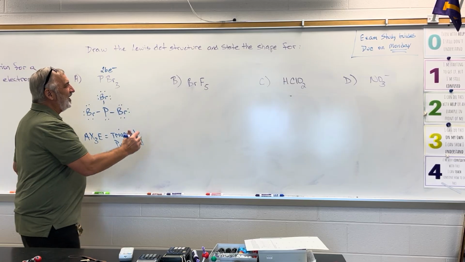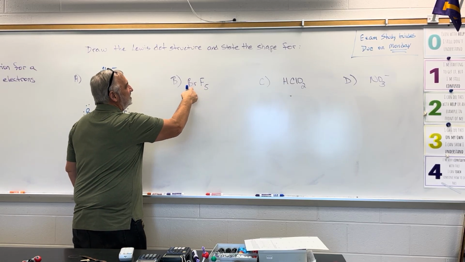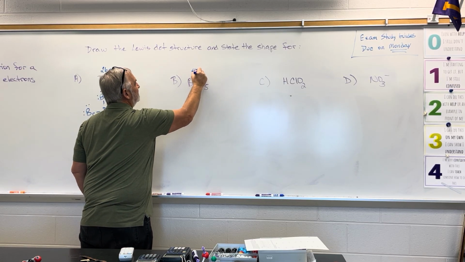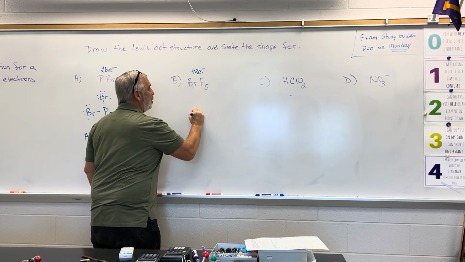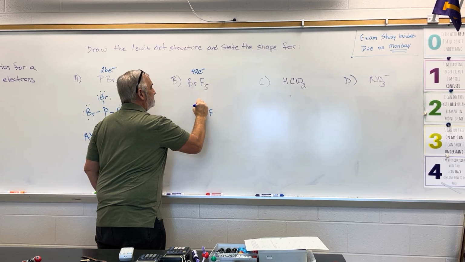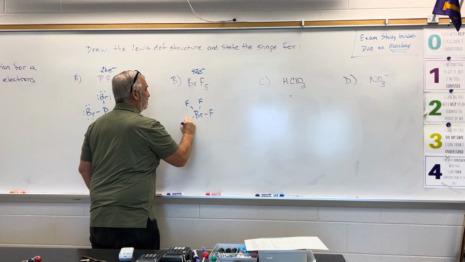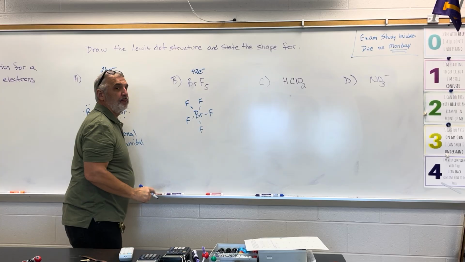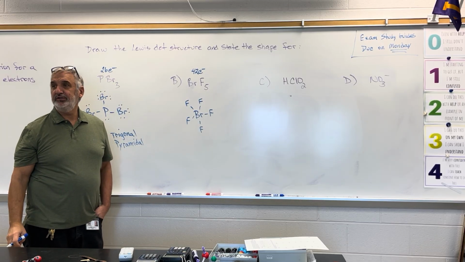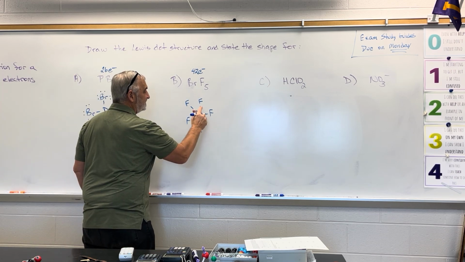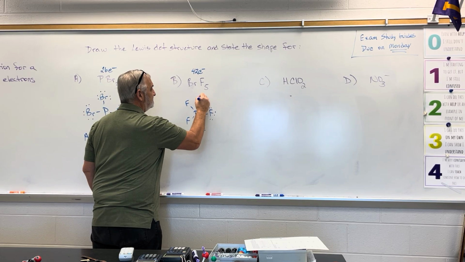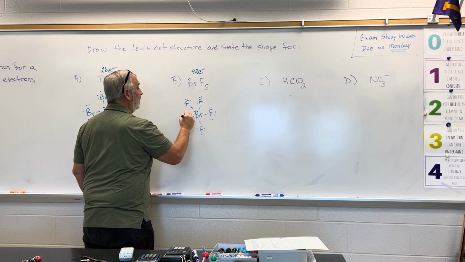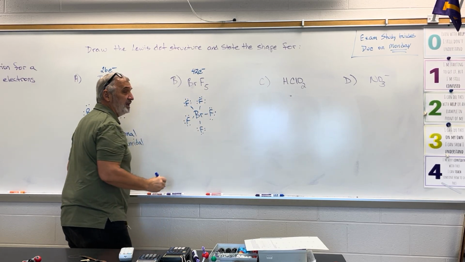All right. BrF5. 6 times 7 is 42 electrons. So, bromine, 1, 2, 3, 4, 5. 2, 4, 6, 8, 10, 12, 14, 16, 18, 20, 22, 24, 26, 28, 30, 32, 34, 36, 38, 40.